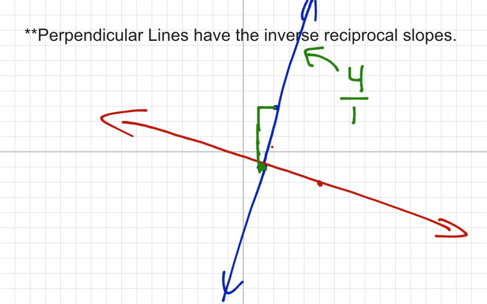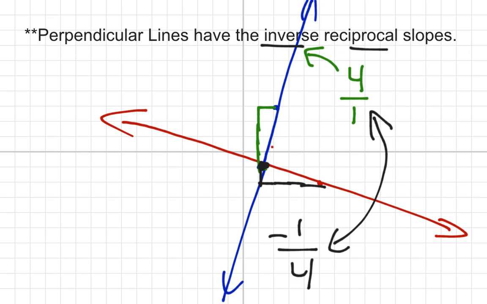I'll use black for this one. I still have to start at that same point. But if I find the slope of the red line from this first point to the second point, now I would have to go down 1, so that would be -1 over 1, 2, 3, 4. I would get -1/4.